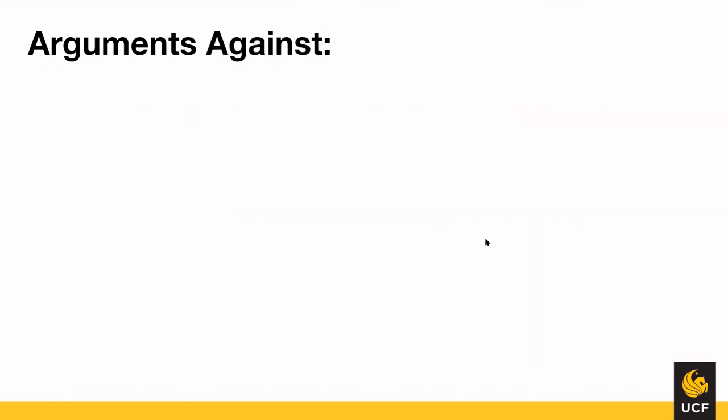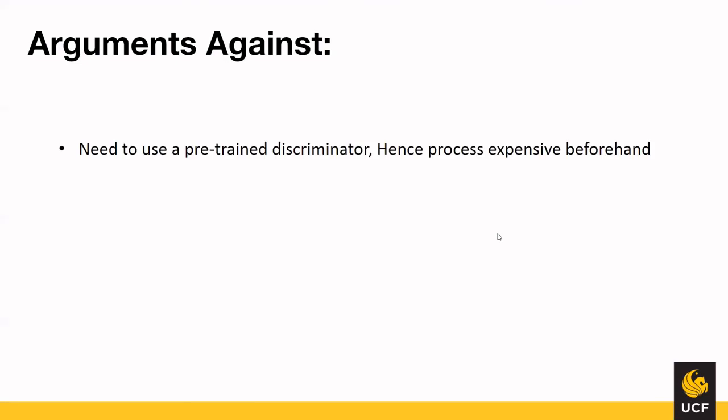Some of the points against this paper: they mention that the training itself is fast and generation of adversarial examples is relatively quicker, but since they use a discriminator that's already a pre-trained classifier, they don't consider the expensive process beforehand.